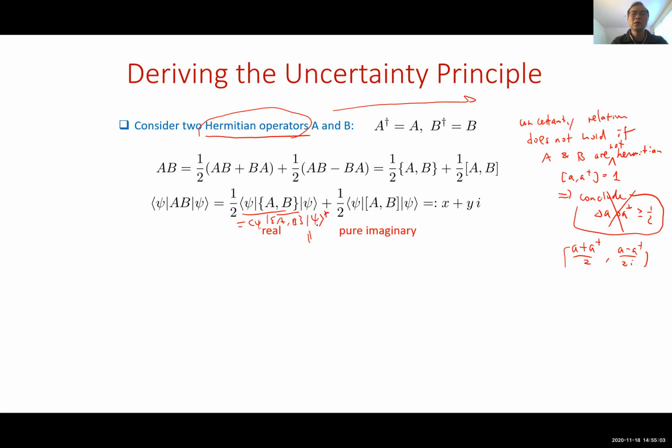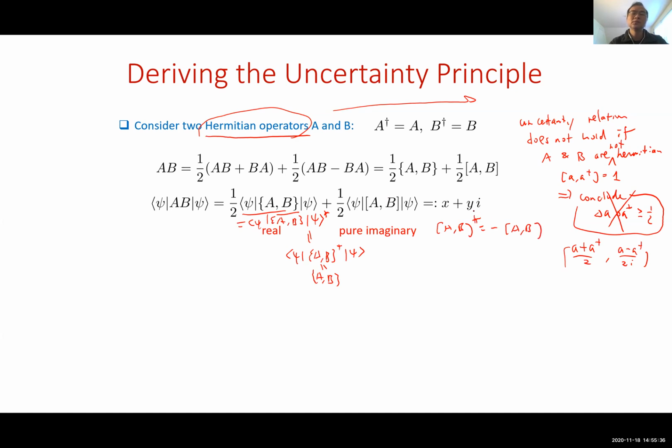When you take the Hermitian conjugation, you flip this, and this is the same as AB because they are Hermitian and symmetric. Therefore, the first part is real, while the second part is pure imaginary, because the commutator dagger has a minus sign.